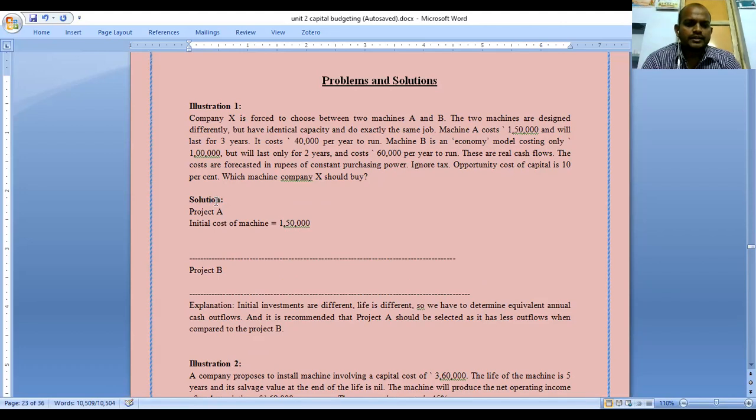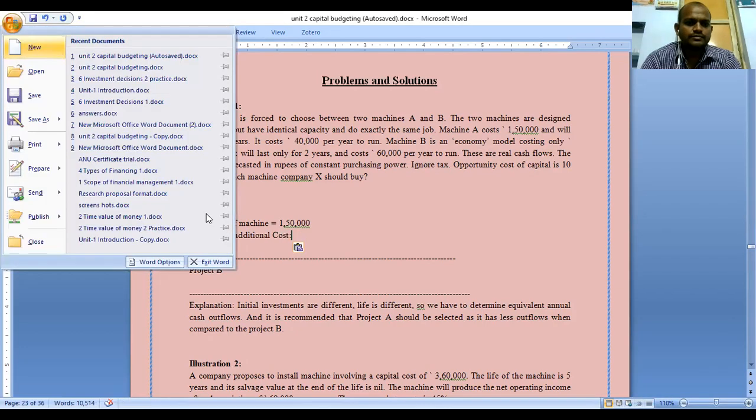These costs are involved in between the life of the mission: at the end of the first year 40,000, at the end of the second year 40,000 again, and at the end of the third year 40,000. So we have to convert these 40,000 into present values by using the present value factor.